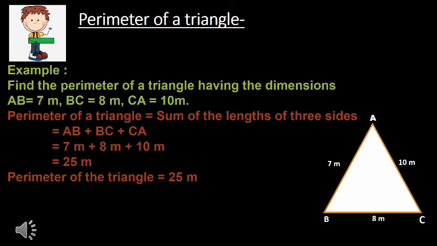We know that perimeter of a triangle is equal to the sum of the lengths of all its sides, which is equal to AB plus BC plus CA. That is 7 meters plus 8 meters plus 10 meters, which is equal to 25 meters. Thus, perimeter of the triangle is equal to 25 meters.